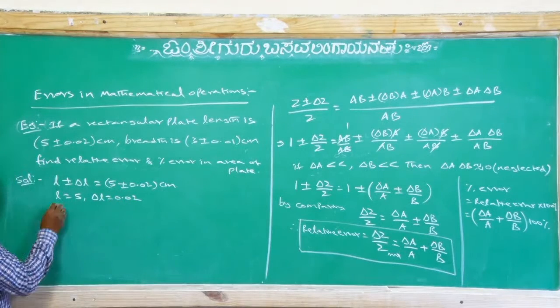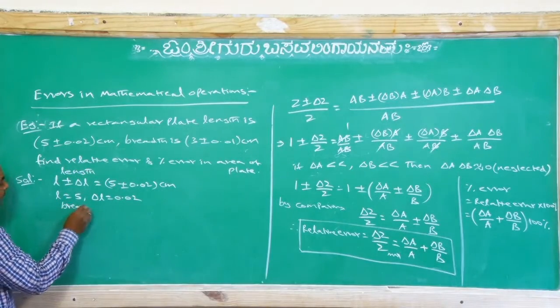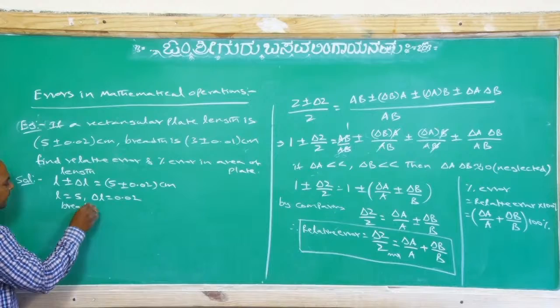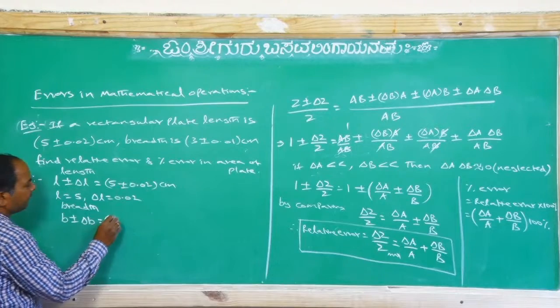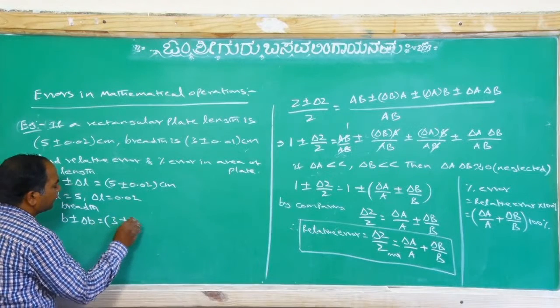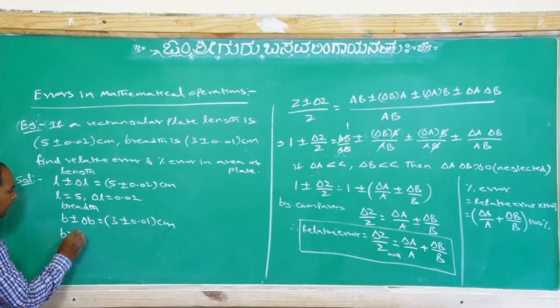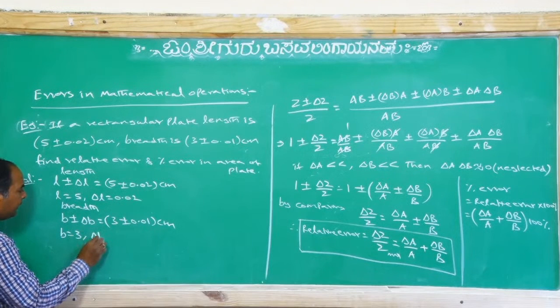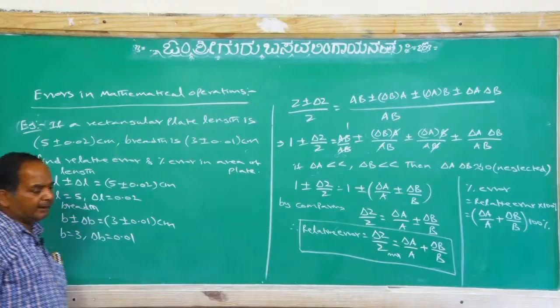This is length. Next, breadth: B plus or minus delta B is 3 plus or minus 0.01 centimeter. So B is equal to 3, delta B is equal to 0.01. This is okay. Now we should consider relative error.